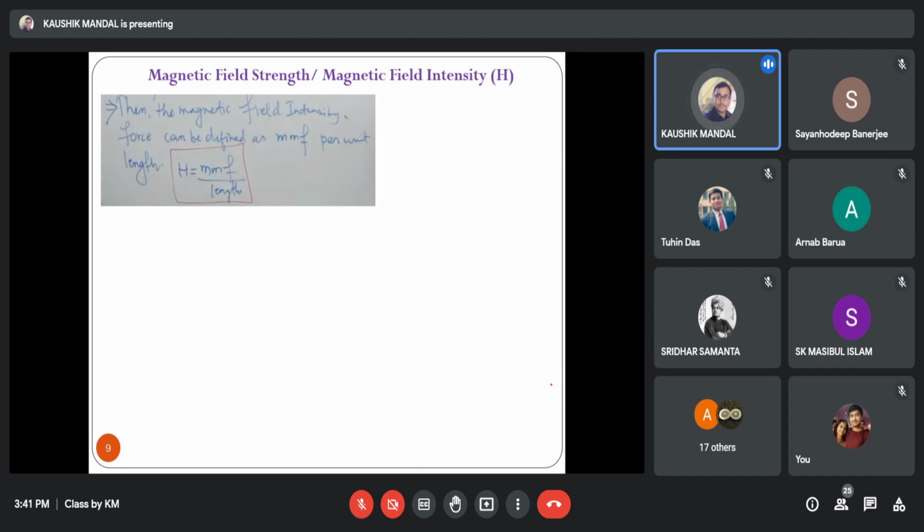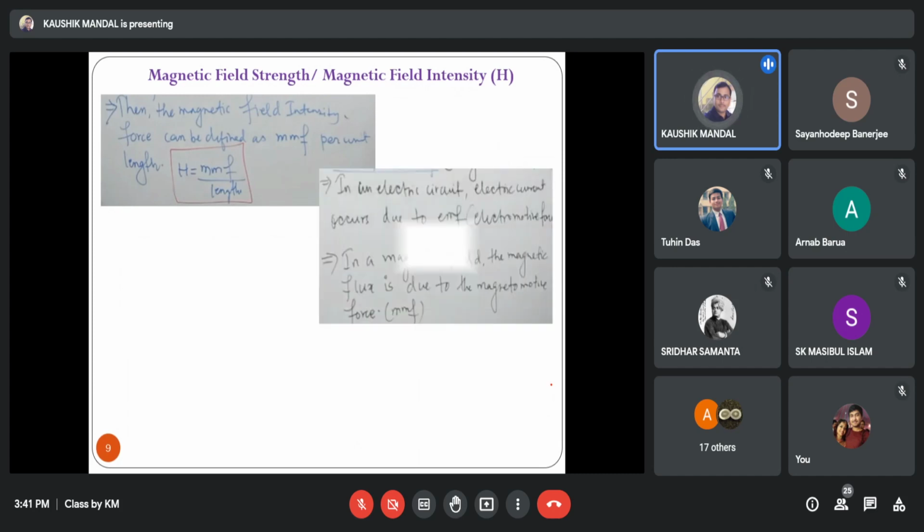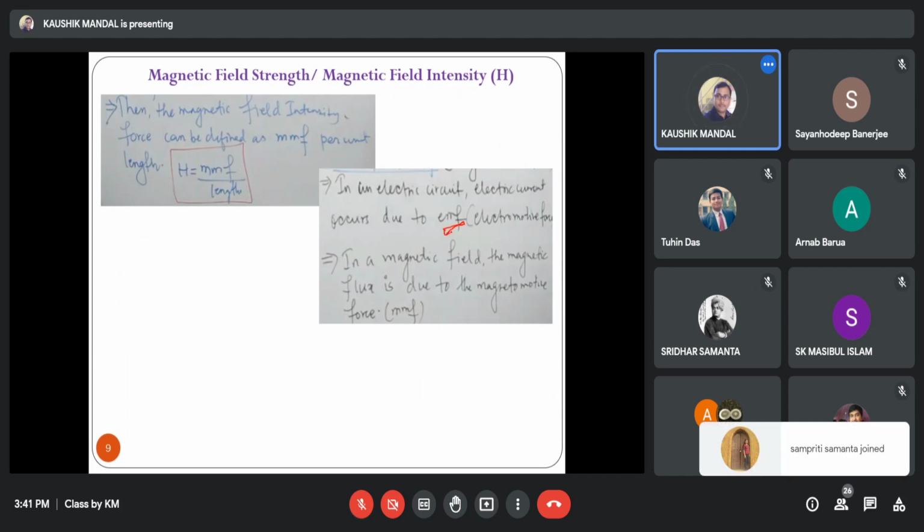When we discuss the electric current, we have to concentrate on the EMF. In electrostatics, we have considered this particular parameter, that is EMF, electromotive force. When you deal with an electric circuit, the electric current occurs due to this electromotive force.